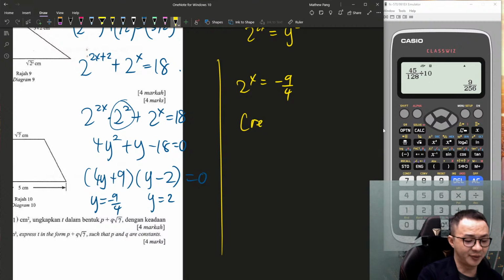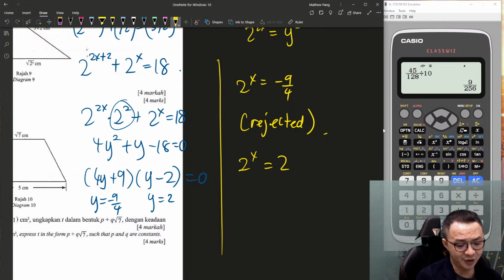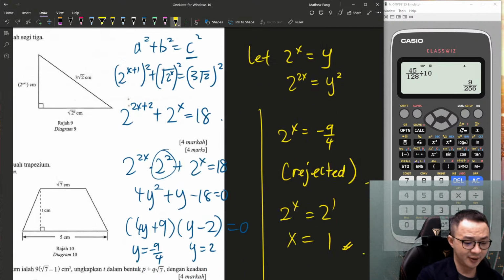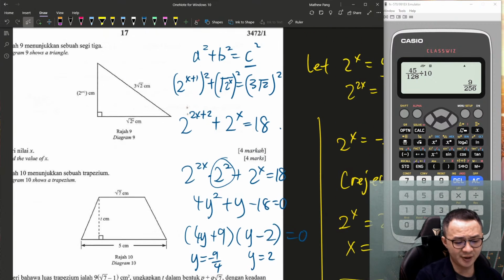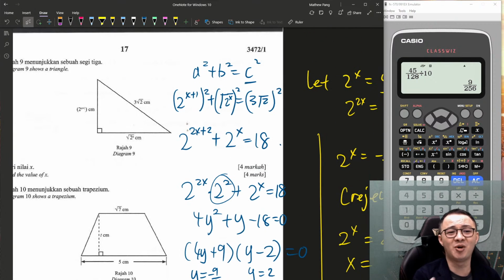This one I rejected because no matter what power of x I get, I cannot get negative. So another one is 2 power of x equals to 2, which is 2 power 1. x equals to 1. So this is the answer for 4-mark questions. It's not really a surd question. This one more like the indices question.